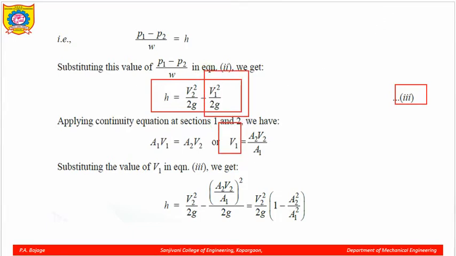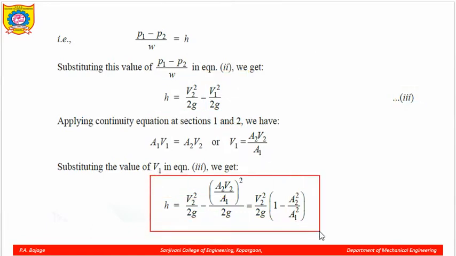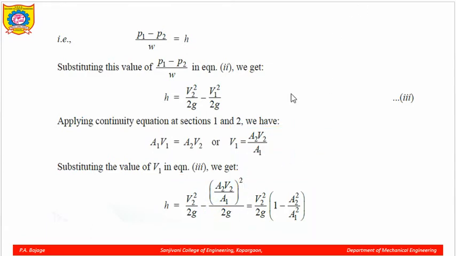After substitution we get H is equal to V2 square upon twice G minus (A2 V2 upon A1) whole square upon twice G. Now, simplifying this equation, you get V2 square upon twice G into bracket 1 minus A2 square upon A1 square.